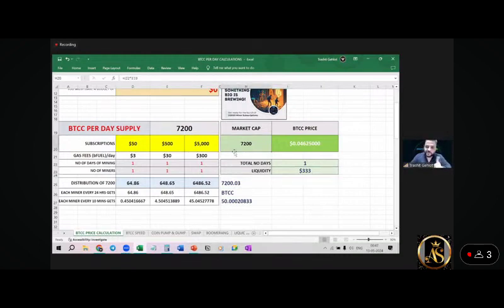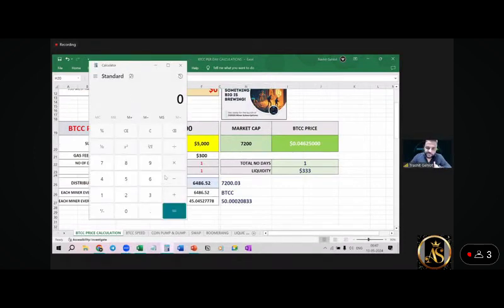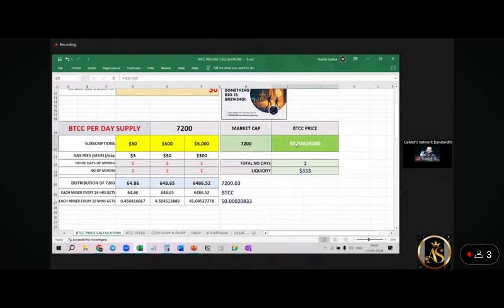And the total supply was 7,200. So the number of coins is 7,200, and the liquidity available is just 333. So 333 divided by 7,200 determines the price of the coin. It's almost 0.04625, right? So this is how the price of the BTCC coin is determined.